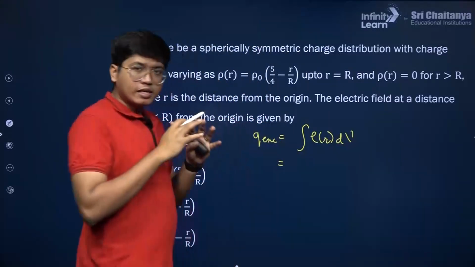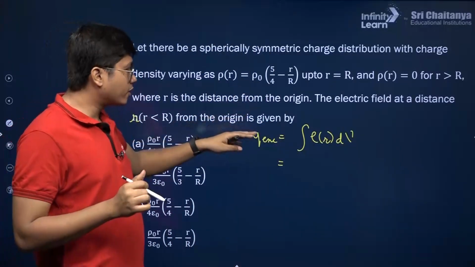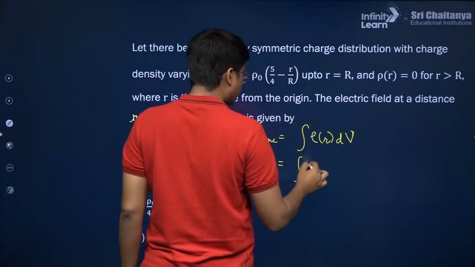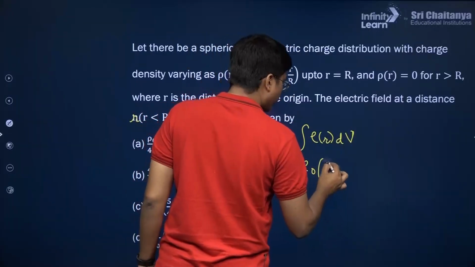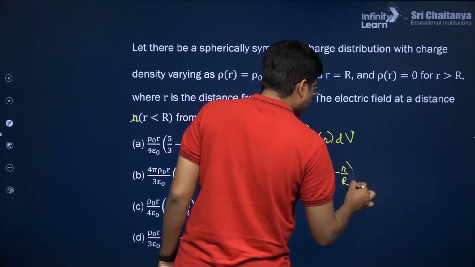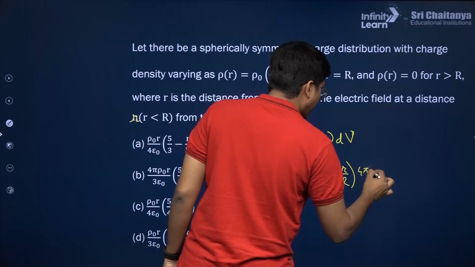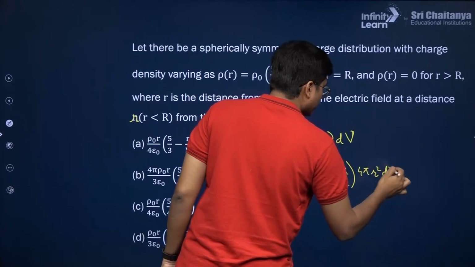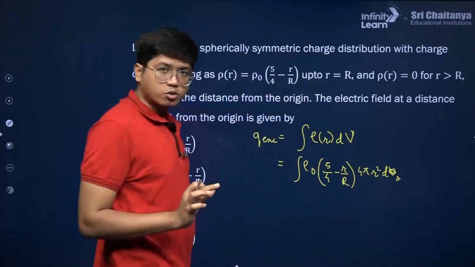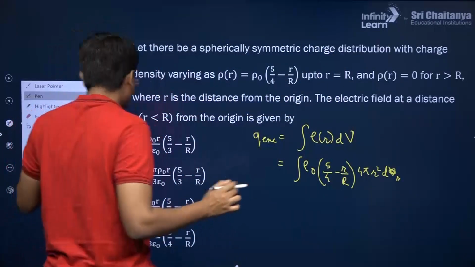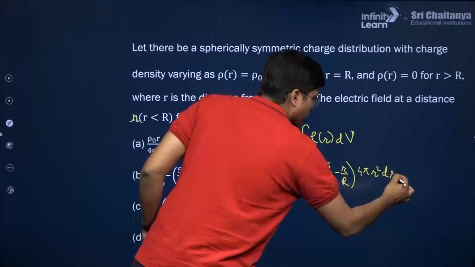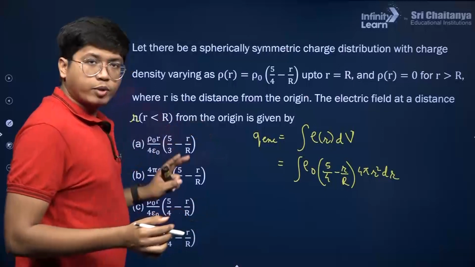Since it's a symmetrically distributed charge, this dV can be written as 4 pi r square dr. So we have rho of r, let's put that in, rho naught into 5 by 4 minus small r by capital R into 4 pi r square dr. So now we have to integrate this.